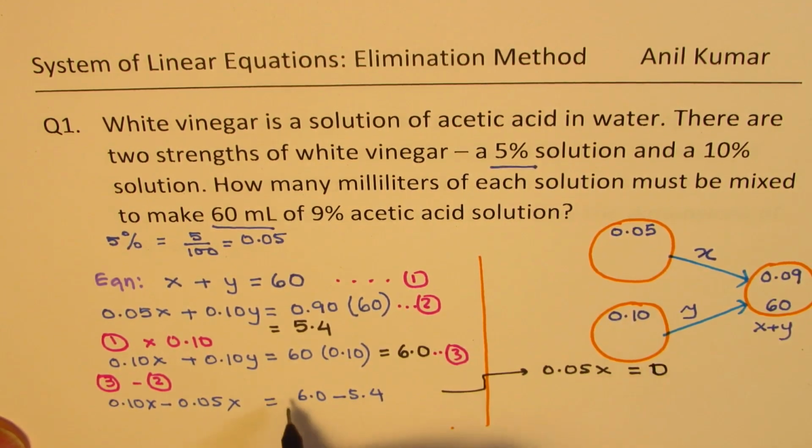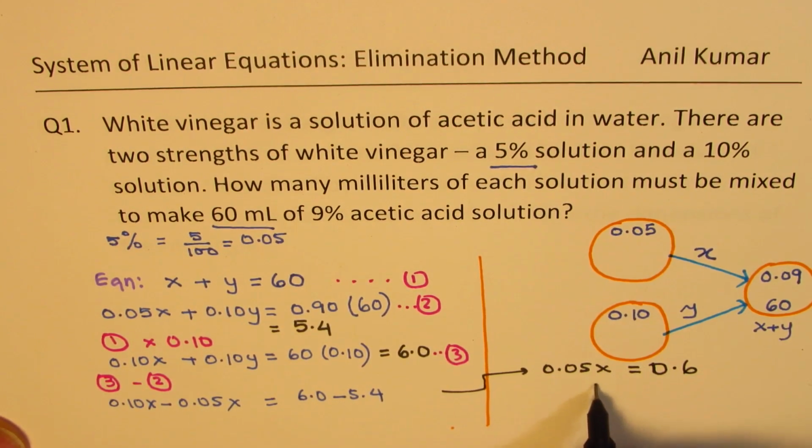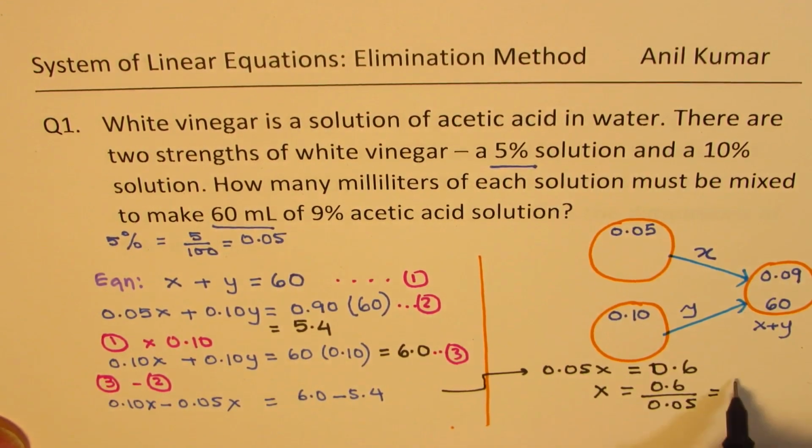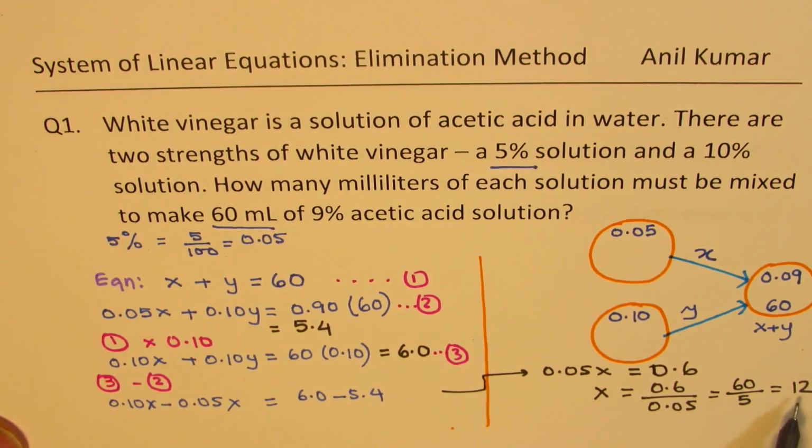So you have to borrow from 1, and you get 5 minus 5 is 0, 0.6. So we get x equals 0.6 divided by 0.05, or you can say 60 divided by 5, which is 12. So we get the value of x as 12.